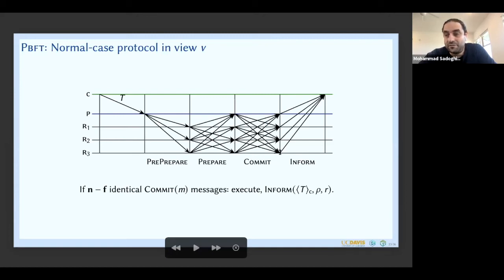And with this one additional phase, I know enough people have observed that. So even if the primary changes or the protocol needs to restructure, I know that this decision will be remembered forever. In other words, at this phase, I know that the primary has behaved sufficiently well, meaning the primary has not sent two different messages for the same sequence number.